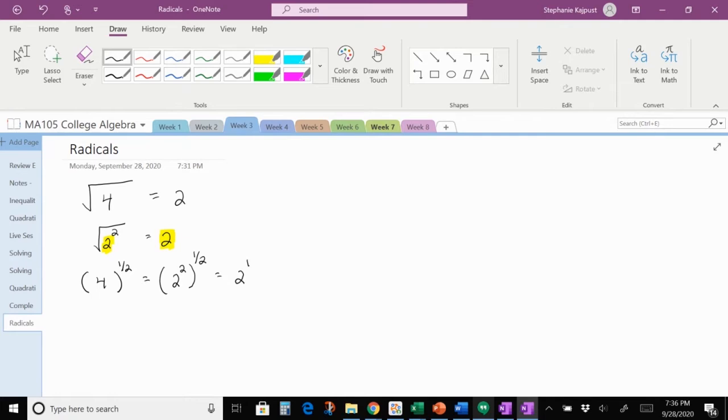So then if the 1/2 is a square root, what is a 1/3 power? Let's say I had 8 to the 1/3. This is defined as what's called the cube root, where you still have the radical symbol, but we put a 3 up there to indicate that the denominator on that fraction, if you put it in exponent form, is no longer 2, but now it's 3.